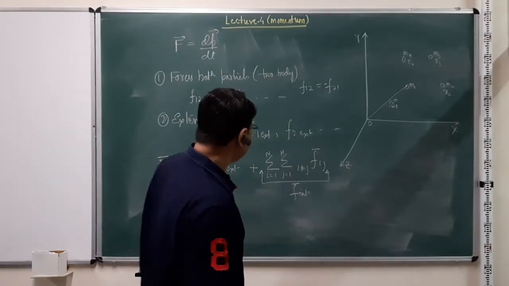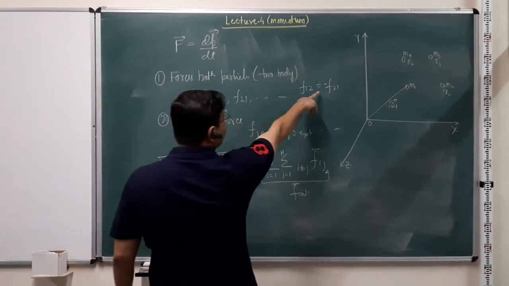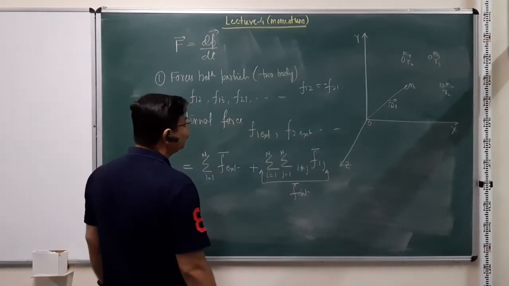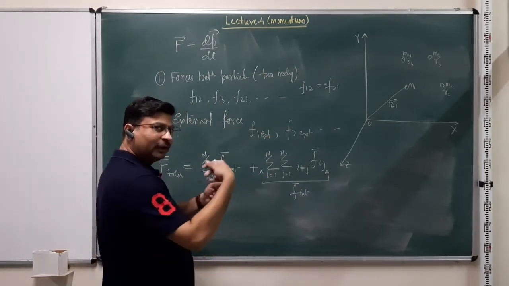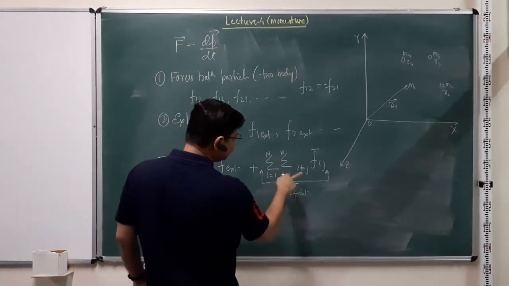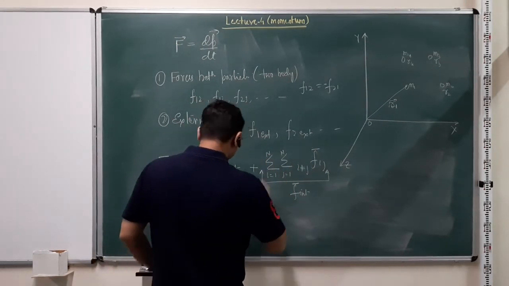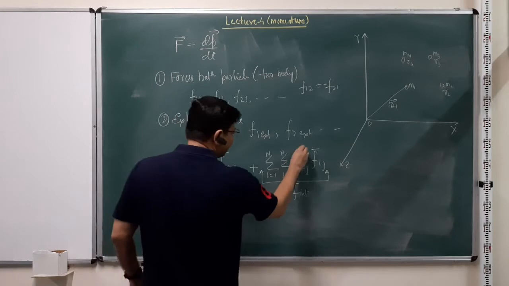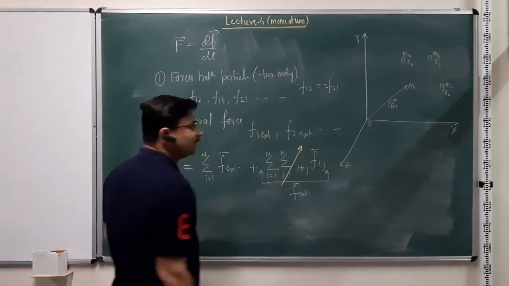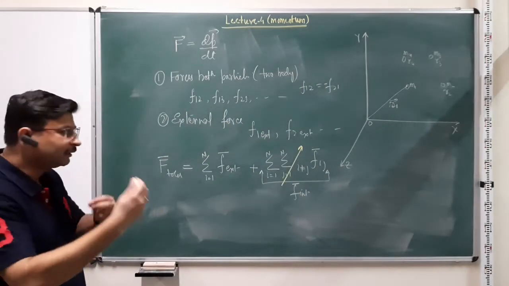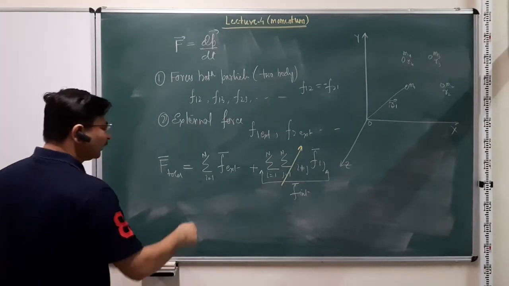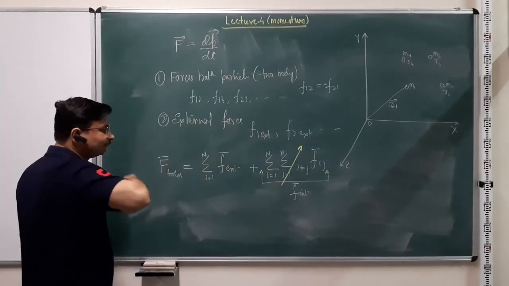So this is the property, and what happens is, because of this property of these two body forces, that they are equal and opposite on both the bodies, this total term will basically cancel out when we sum over all these particles, because each pair is interacting with this kind of force.